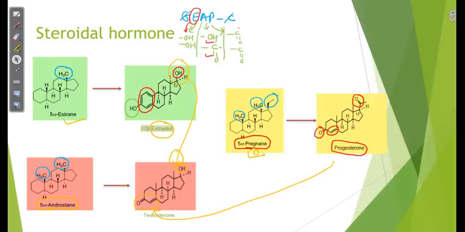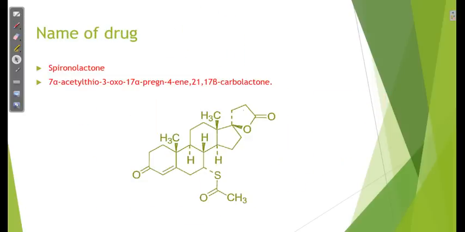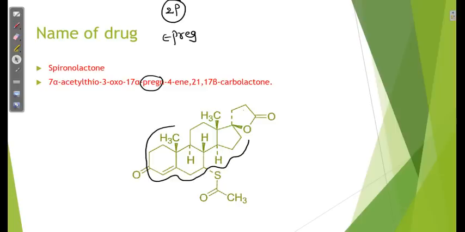And let us go ahead. Name of some drugs. If we see here, I will not explain the whole IUPAC name, but I will try my best to explain why it is pregnane. If we see that it is pregnane, then there would be a 21 carbon. So if you see here, I draw the structure in a bracket.